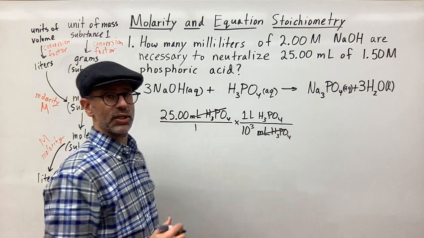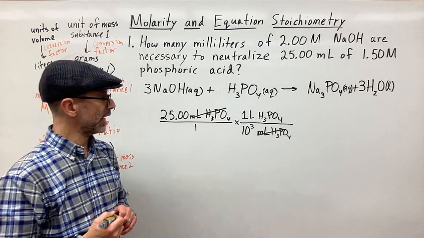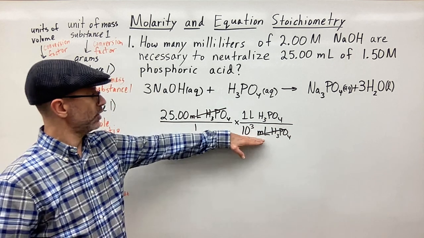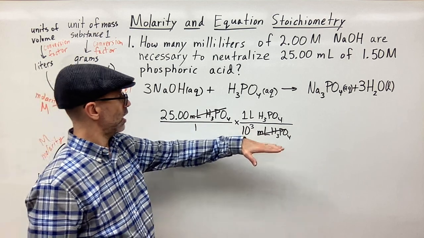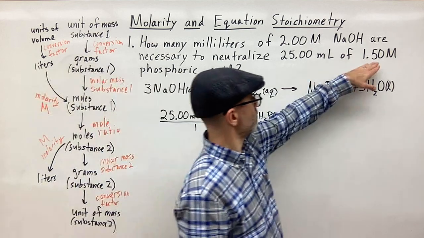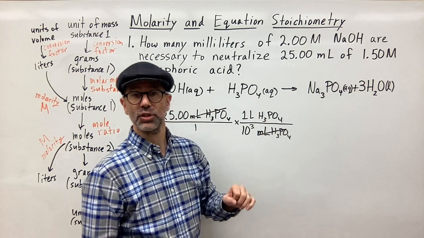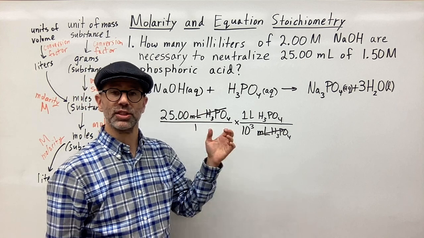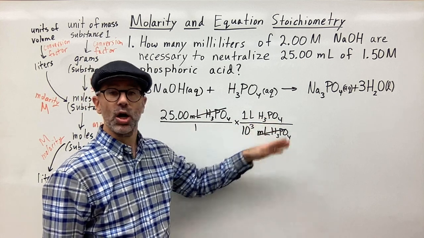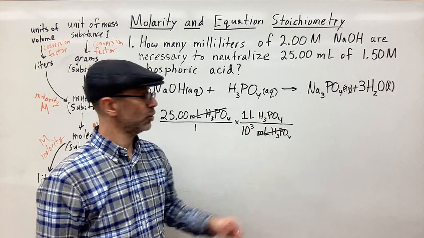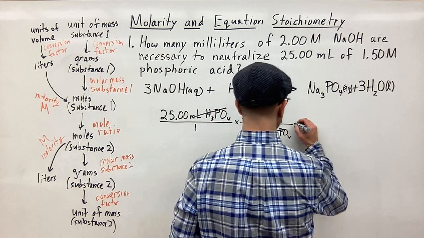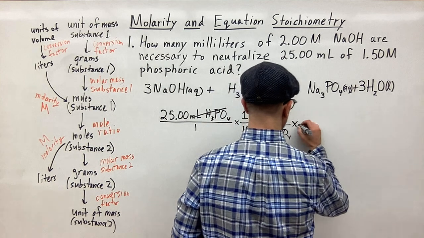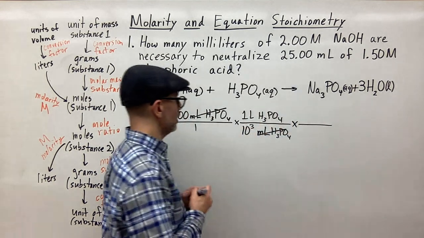Now that I have liters, now I can use molarity as a conversion factor. So the molarity of the phosphoric acid is 1.5 moles of the solute, which is the H3PO4, per liter of the solution. So I'm going to multiply that by my next conversion factor.